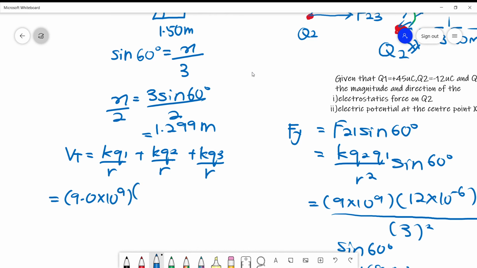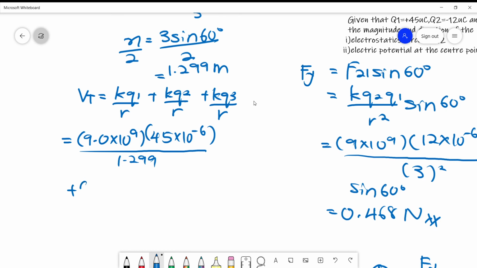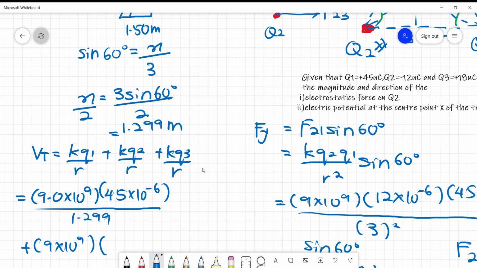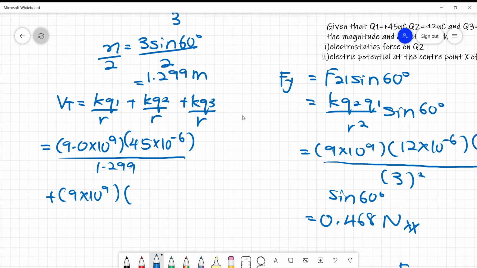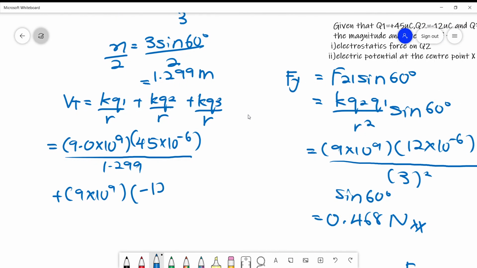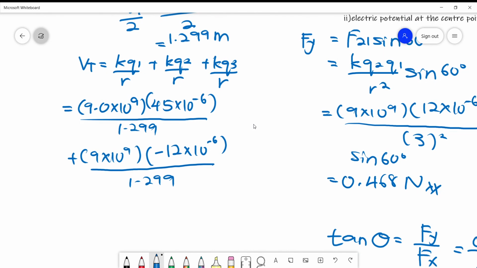Q1 will be 45 times 10 to the power negative 6 divided by 1.299. Q2 is a negative charge, so the negative must be included for the electric potential: minus 12 times 10 to the power negative 6 divided by 1.299, plus 9 times 10 to the power 9.